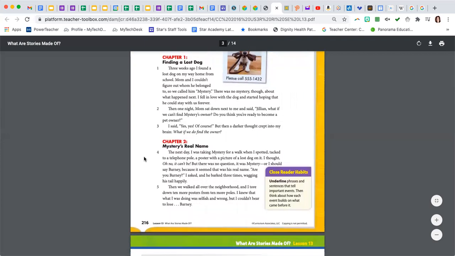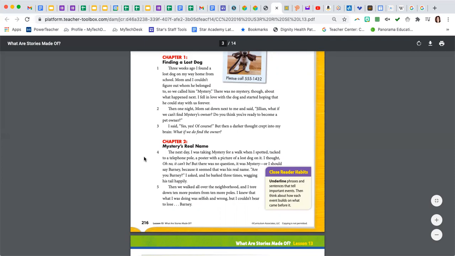Chapter 2, Mystery's Real Name. The next day, I was taking Mystery for a walk when I spotted, tacked to a telephone pole, a poster with a picture of a lost dog on it. I thought, oh no, it can't be. But there was no question. It was Mystery, or I should say, Barney, because it seemed that was his real name.